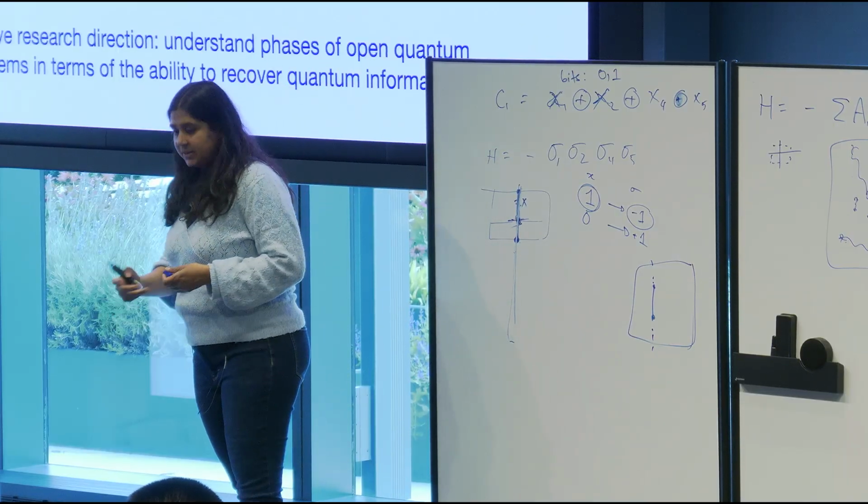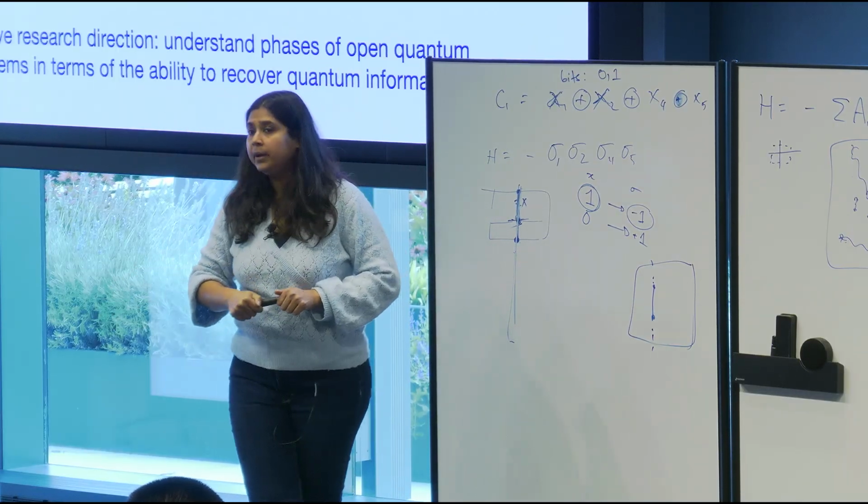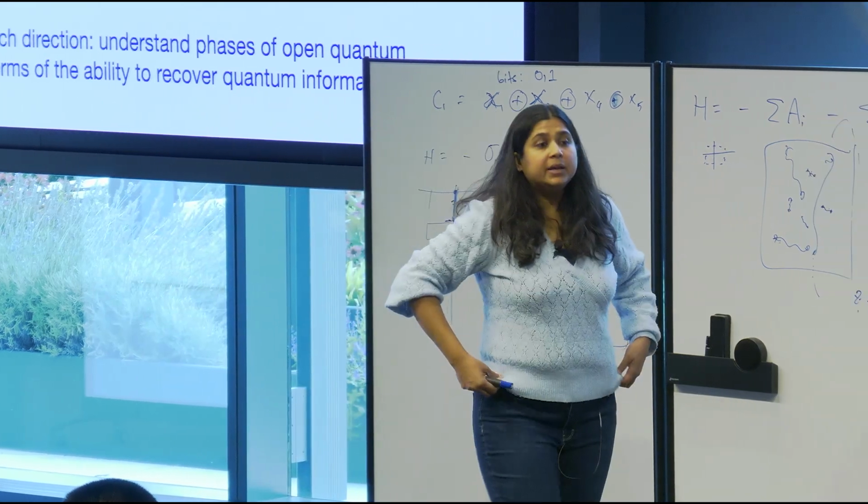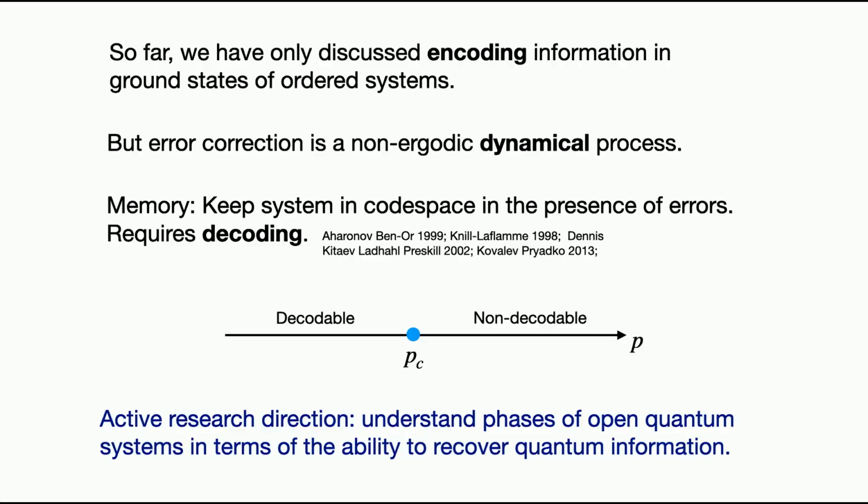This has, of course, been studied in error correction for a very long time, but an active research direction right now in many-body physics is to think about this transition fundamentally as a phase transition in an open quantum system. So I have my state, and the state has been corrupted by errors. That's what the open means. Now you have this mixed state, and you want to ask, does that mixed state have some encoded quantum information which you can recover or not?